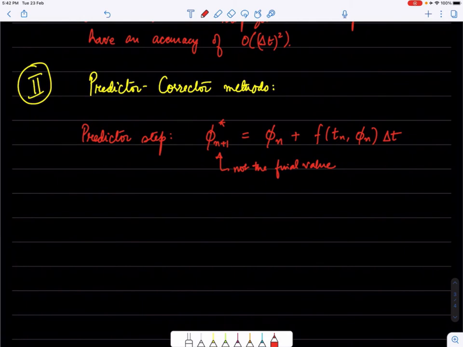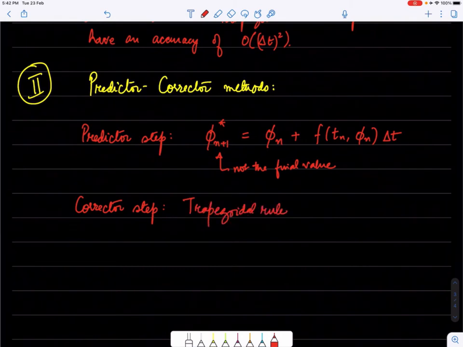Now the second step in this method is the correction or the corrector step, where we use this predicted value to make a correction by using the trapezoidal rule. We'll use phi n plus 1 star to compute the derivative now.